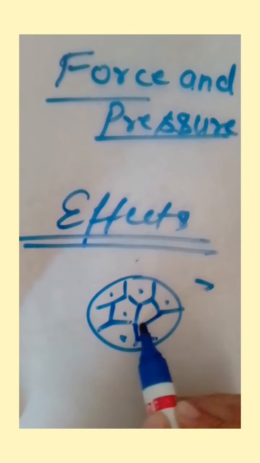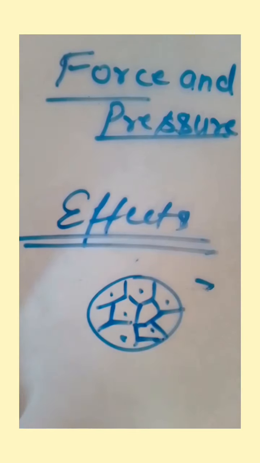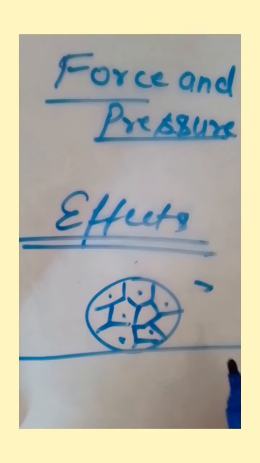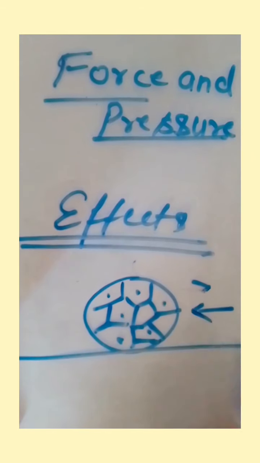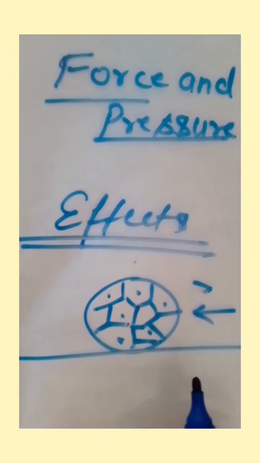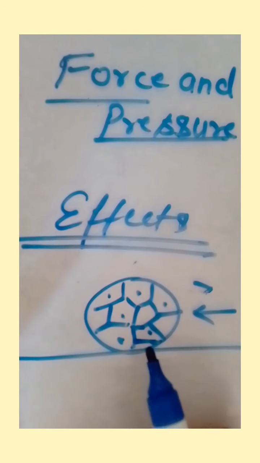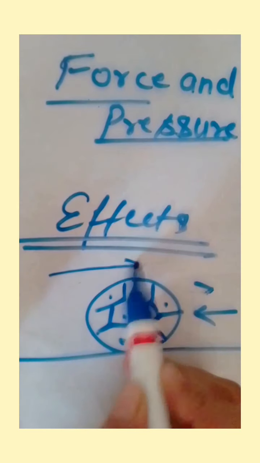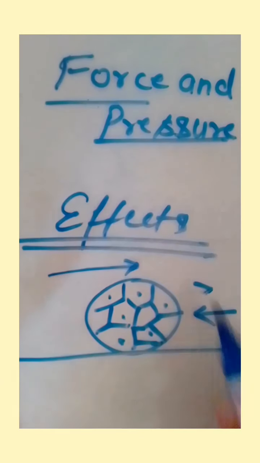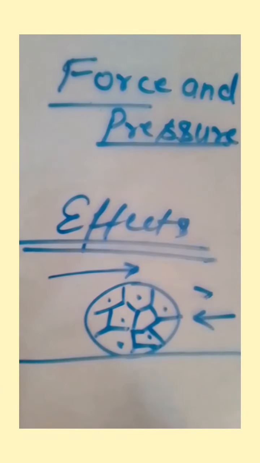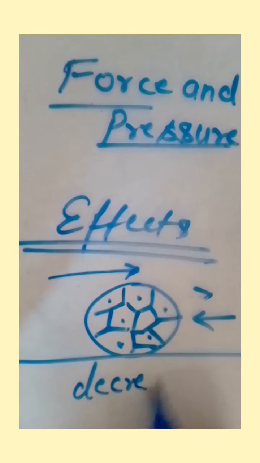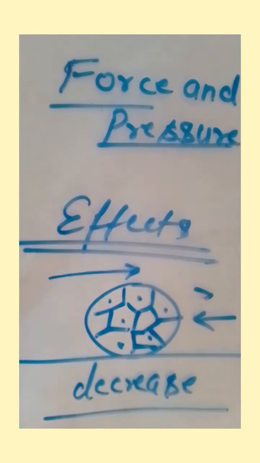Second one, same ball we are having here. If we place it on a table and apply force against the motion, for example, the ball is moving in this direction and we are applying force from here in the opposite direction, then what will be the result? Speed will decrease.